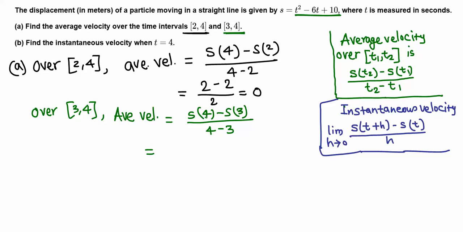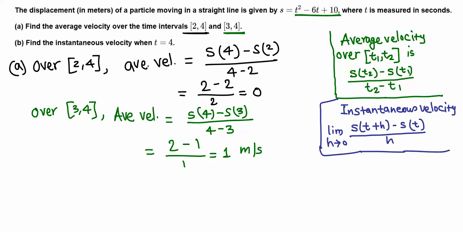Evaluate the displacement at 4, so plug in 4 here. 4 square minus 6 times 4 plus 10, you will get 2 minus s3. Plug in 3 here. 3 square minus 6 times 3 plus 10, that will be 1, over 4 minus 3, 1. 2 minus 1 is 1, over 1 is 1 meter per second. Okay, so these are the two average velocities.